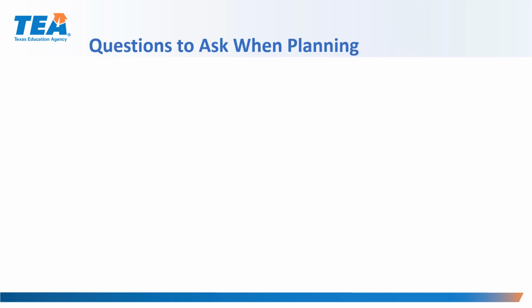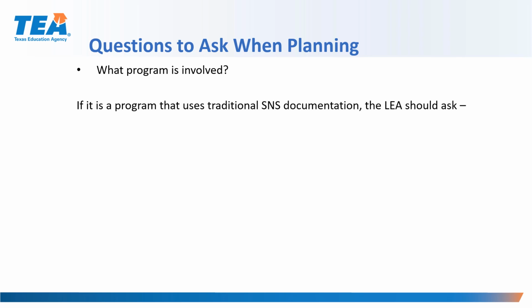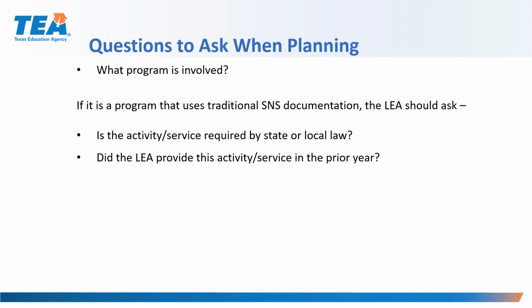There are some standard questions the LEA should ask when making supplement not supplant determinations. The first question should always be, what program is involved? If it's a program that uses traditional supplement not supplant documentation, the LEA should then ask the following questions. Is the activity or service required by state or local law? Did the LEA provide this activity or service in the prior year?